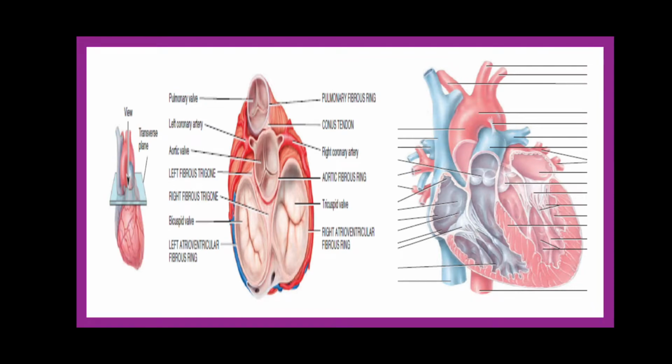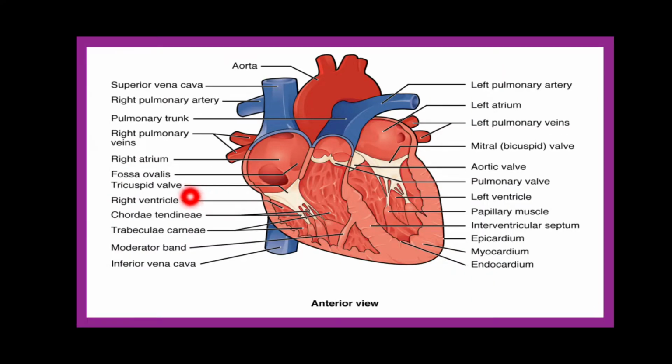From all these vessels, the right atrium receives deoxygenated blood, as you can see from the blue color. The left atrium is also a receiving chamber because it receives blood from the pulmonary veins, through which it gets blood from the lungs.